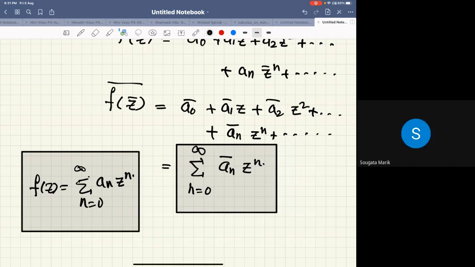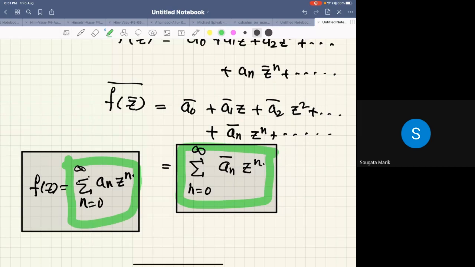So this series and this series have the same radius of convergence. Therefore, in the disk of convergence, both represent analytic functions. This is one such proof. Is it clear?